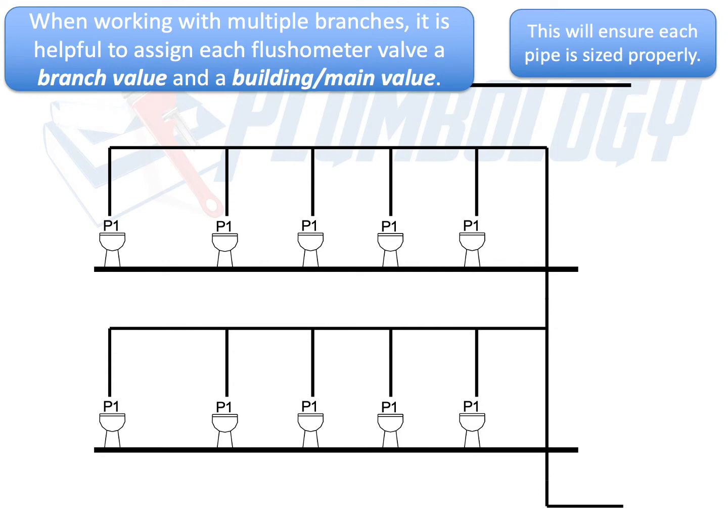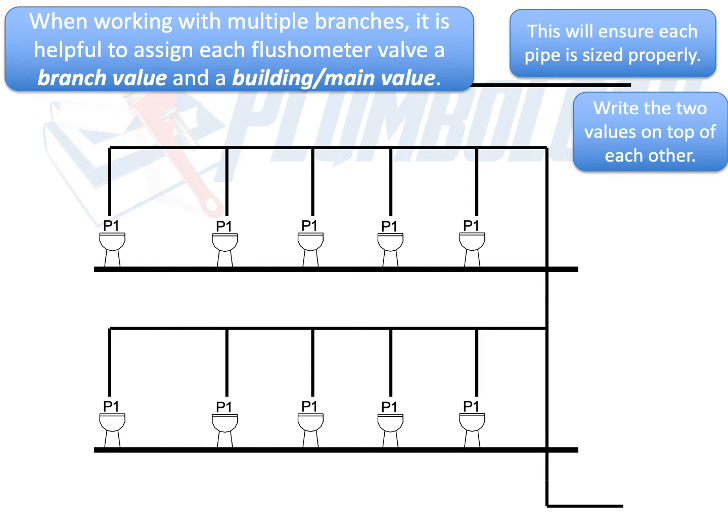If we do this, it will ensure that the pipe is sized properly. Remember, all water pipes are sized based on fixture units. So if we don't correctly label the fixture units, we will have incorrect pipe sizes.